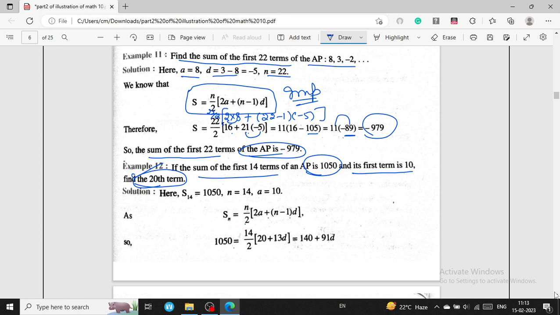Sn is 1050, n is given 14, so 14 by 2, 2 multiply a, a is given 10, 2 tens are 20, plus n minus 1 d. Here we have to find d, since n is the number of terms when the sum will be 1050. So here we will write n minus 1 d.